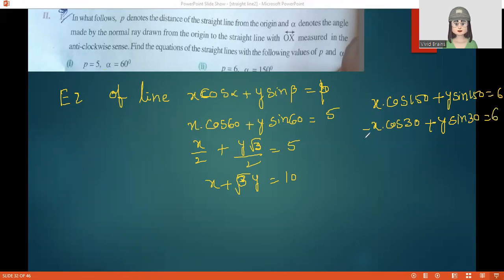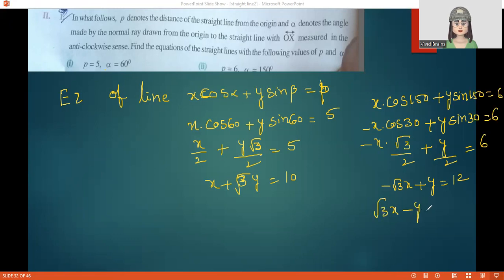What do we get? Minus x times root 3 upon 2 plus y times 1/2 is equal to 6. So we get minus root 3 x plus y is equal to 12. So this is root 3 x minus y minus 12 is equal to 0.